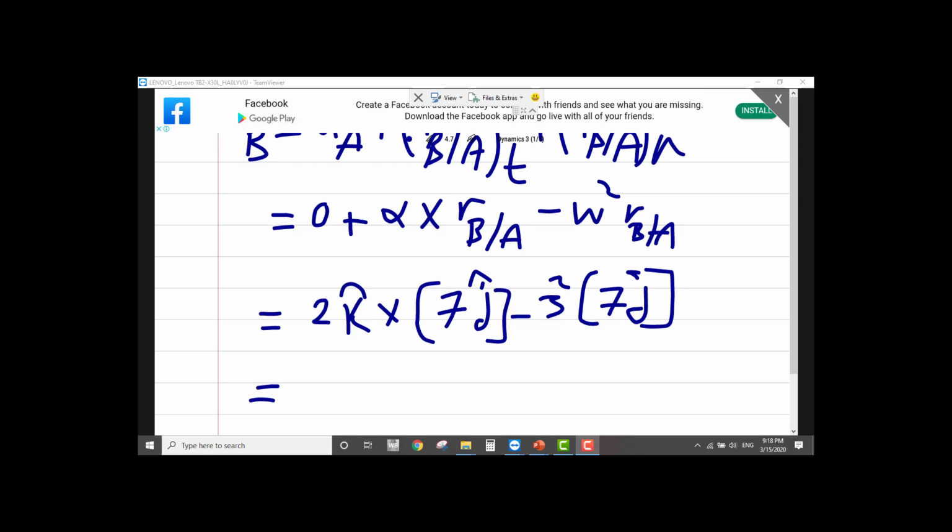And the answer is, this is the acceleration of B. So k cross j is minus i, giving minus 14 i.